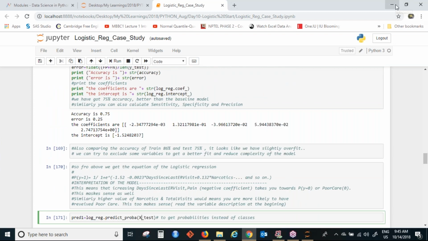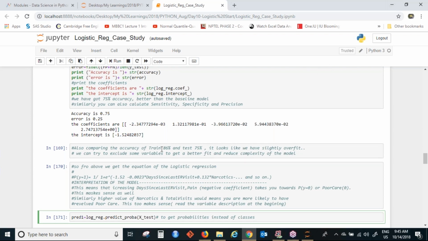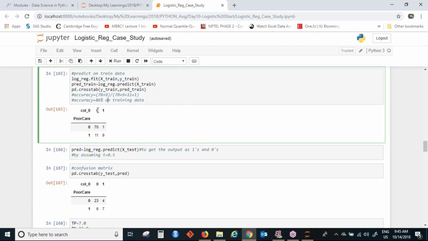We will talk about why we get the probability out. If we can directly get ones and zeros, why do we need the probability? So why are we getting ones and zeros directly here? Because Python is using a default threshold of 0.5. That is why we are getting directly ones and zeros.